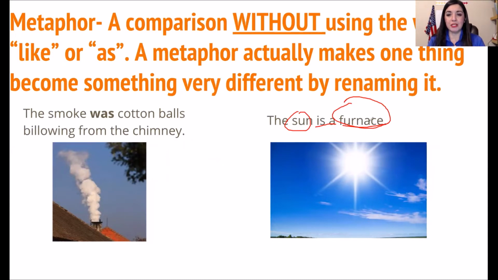And so what that means is the sun is not a furnace, literally. It is just hot. The sun is hot is what this sentence really represents. We know it is not really a furnace, but we say it that way so that people will understand it's just so hot today. Okay, let's keep going.